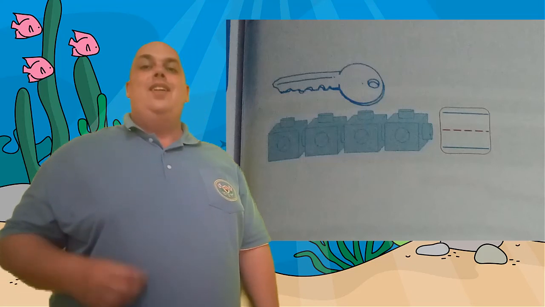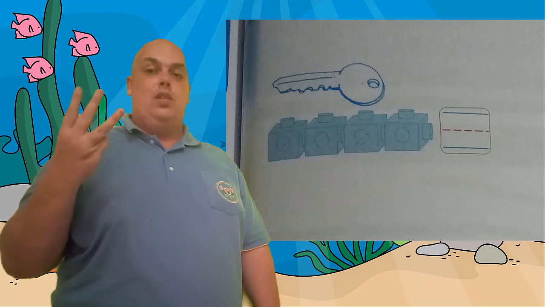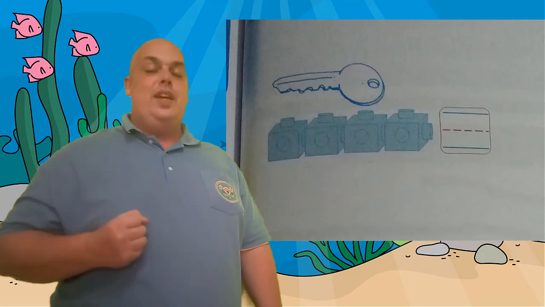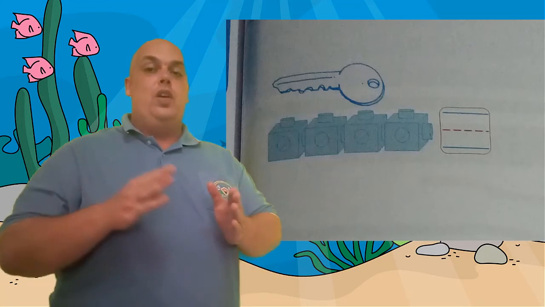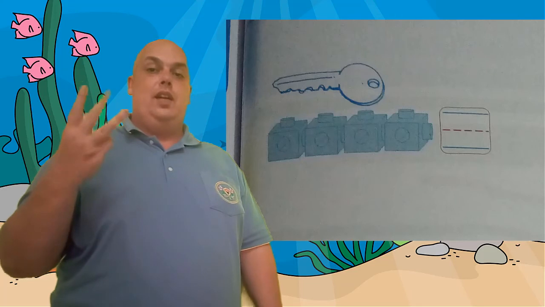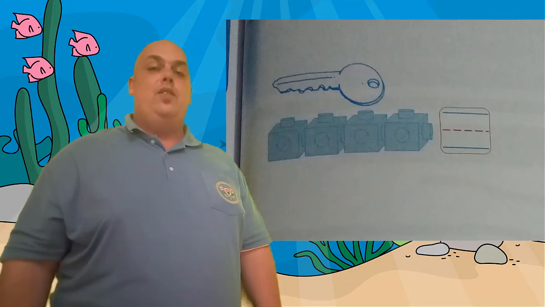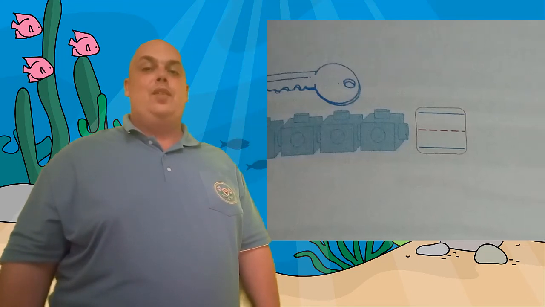You see that? The key is only 3 blocks long. It's not 4. So yes, there are 4 blocks, but the key only goes as far as 3 blocks. Understand? So what we need to write down in the box is number 3. Did you do it? Okay. Then we go to the next picture.